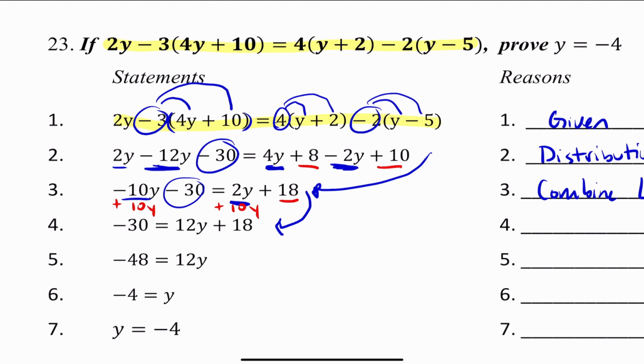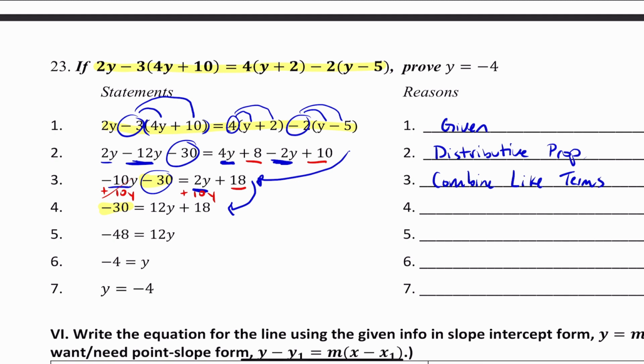Okay, so that'll cancel out. So I'm left with negative 30 on the left-hand side, like I said, and then 2y plus 10y is 12y, and then the plus 18 remains the same. So that is the addition property of equality, right? Because I'm adding both sides with 10y. So addition property of equality.